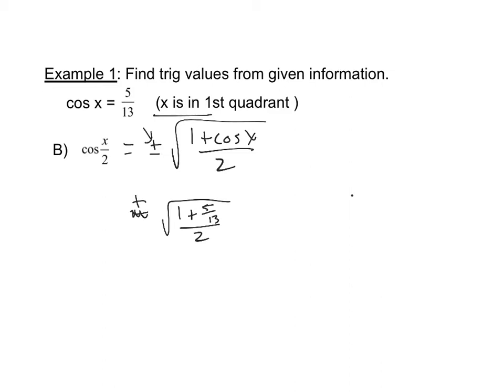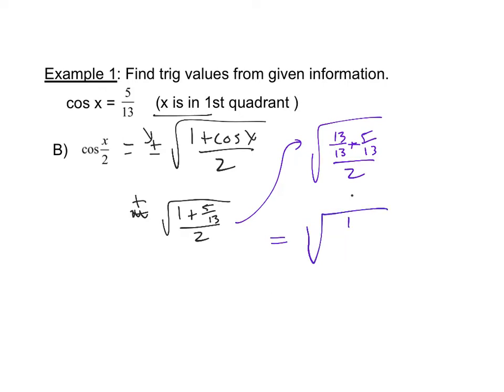Now it becomes a simplification problem with a square root in place. Let me rewrite this as 13 out of 13 plus 5 out of 13 all over 2, which gives me square root of 18 over 13 over 2, which is the same thing as multiplying by 1/2. So really this is 18 over 26, or 9 over 13.